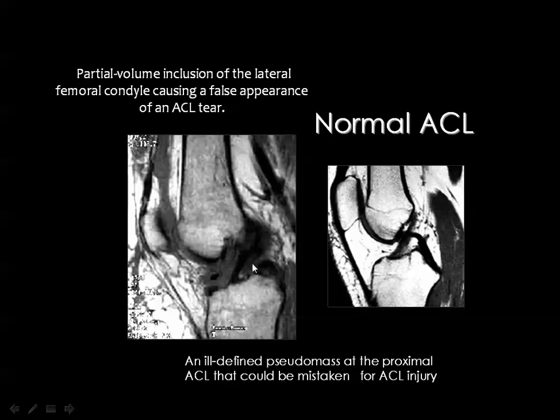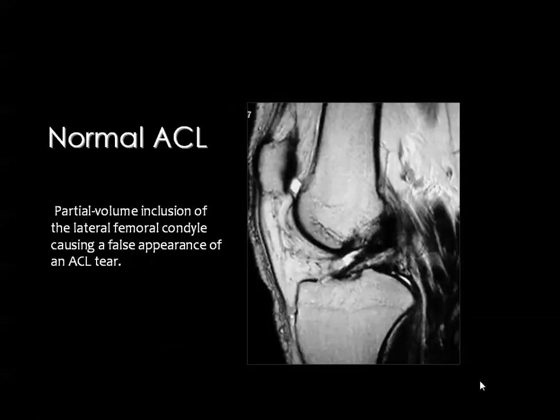It will appear like this, and this is considered normal and is not diagnosed as ligamentous injury or sprain. You see, this is the anterior cruciate ligament, which is stretched, and this femoral attachment is bulky because of the partial volume averaging.